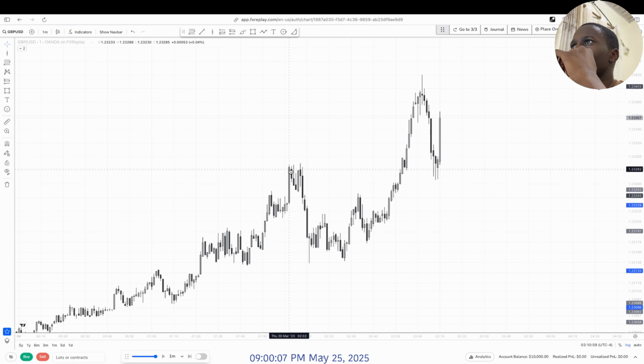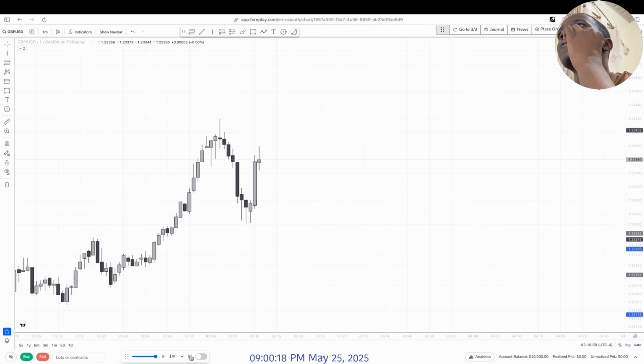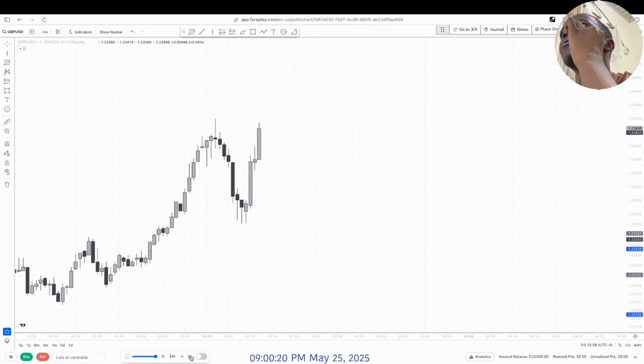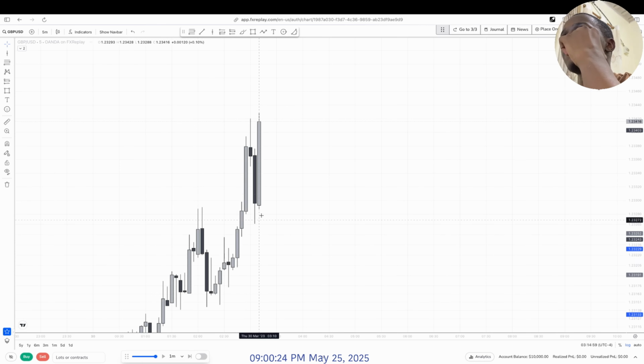Other than, okay, well, this high was taken out, but will this be considered a sweep? I don't really think so. The first fair value gap, we disrespect it. How does the 5 minute look?